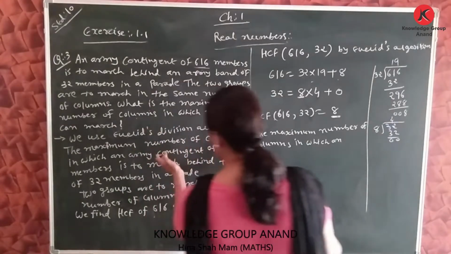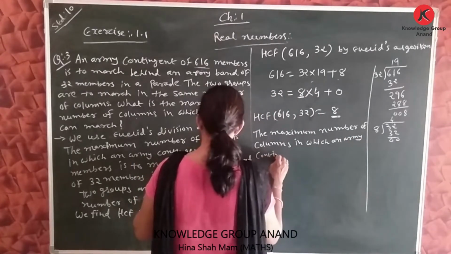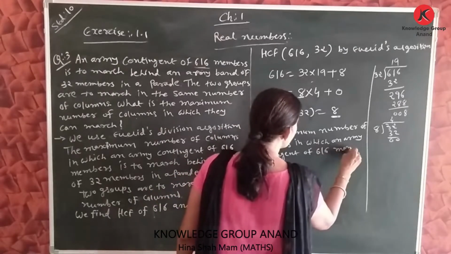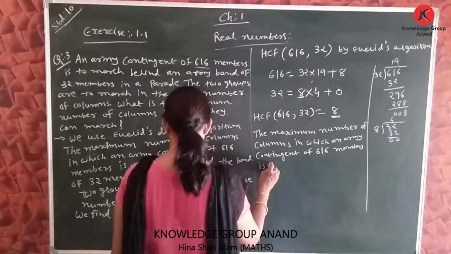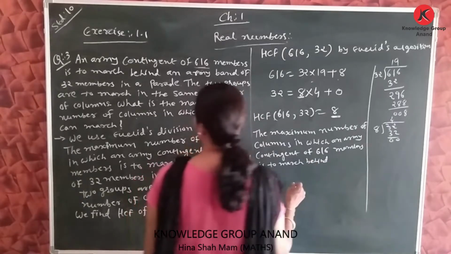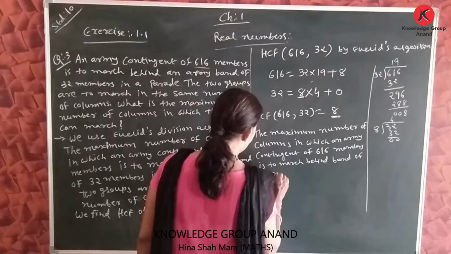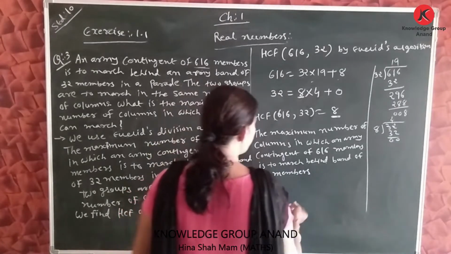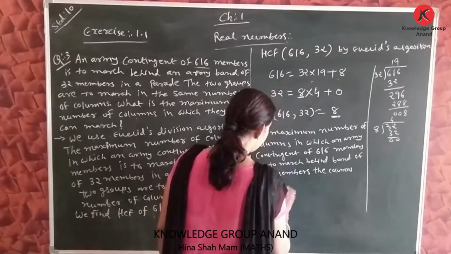Here we write from the question, in which an army of 616 members is to march behind a band of 32 members in the same number of columns, the columns are 8.